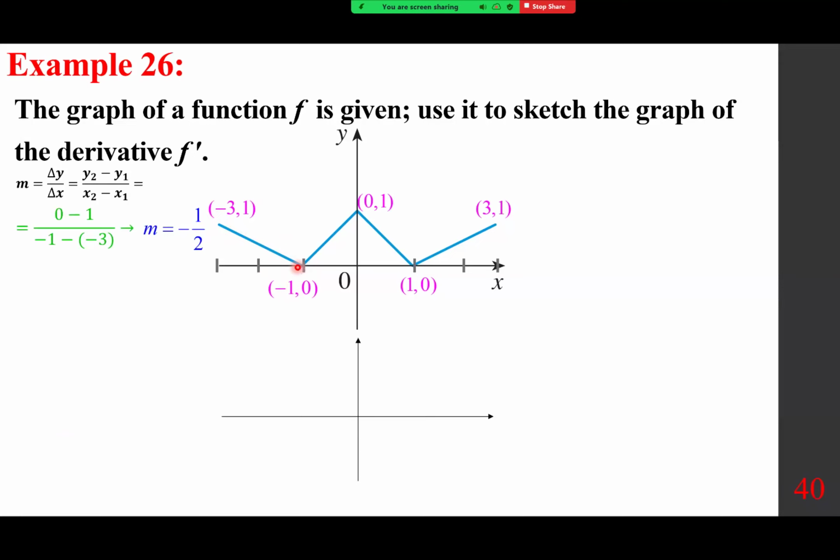And I hope you recognize for this one, if this is -1/2, this is +1/2. -1, 0, 0, 1. I hope you see you can calculate this as +1 and this one as -1. So you calculate all the slopes.